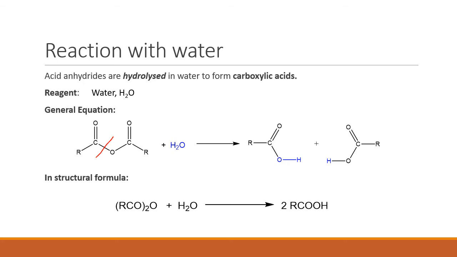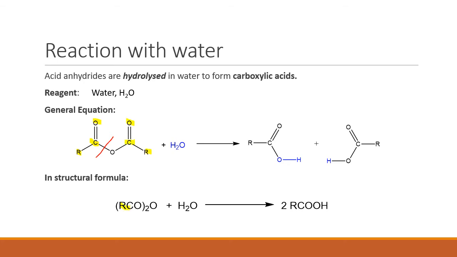If you've had a go at writing it out, it should look like this. Now this here, RCO in brackets twice with then an O outside the bracket, is how we would write an acid anhydride in structural formula. I've got the R, the C and the O repeated on both sides.